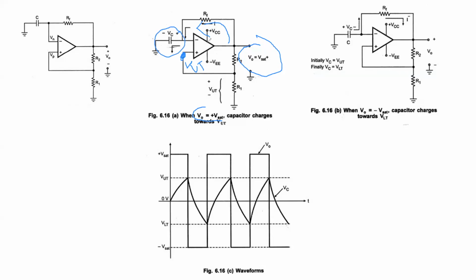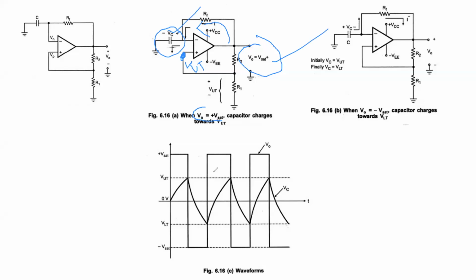Similar to the monostable multivibrator, whenever your output is plus V sat, the capacitor starts charging towards plus V sat.